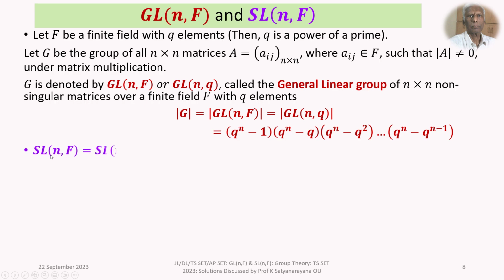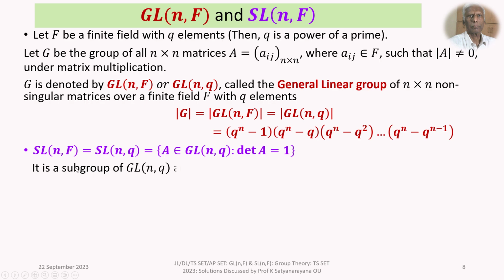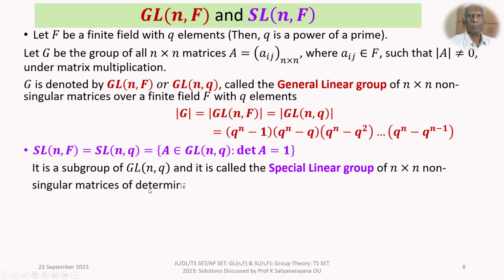Now, we can also talk about SLNF. SLNF is equal to SLNQ, the set of all A belonging to GLNQ such that determinant of A is equal to 1. So, it is a subgroup of GLNQ and it is called the special linear group of n by n non-singular matrices with determinant 1 over the field F, that is, the entries are coming from the field F. Then the order of SLNQ is 1 by Q minus 1 into the order of GLNQ.